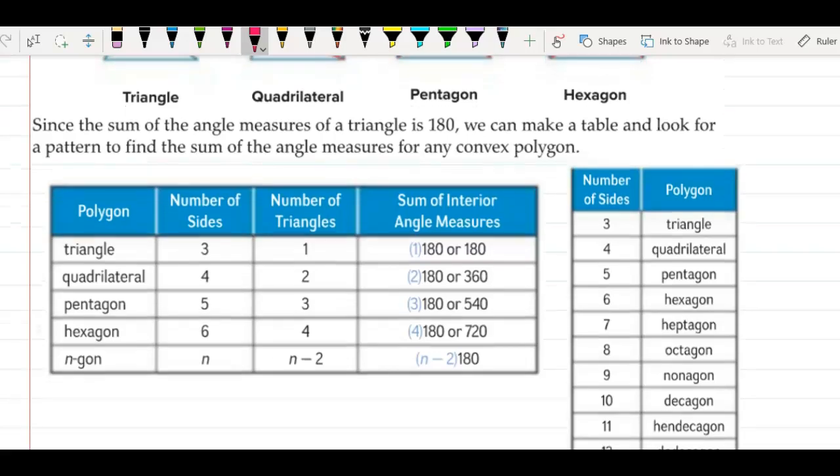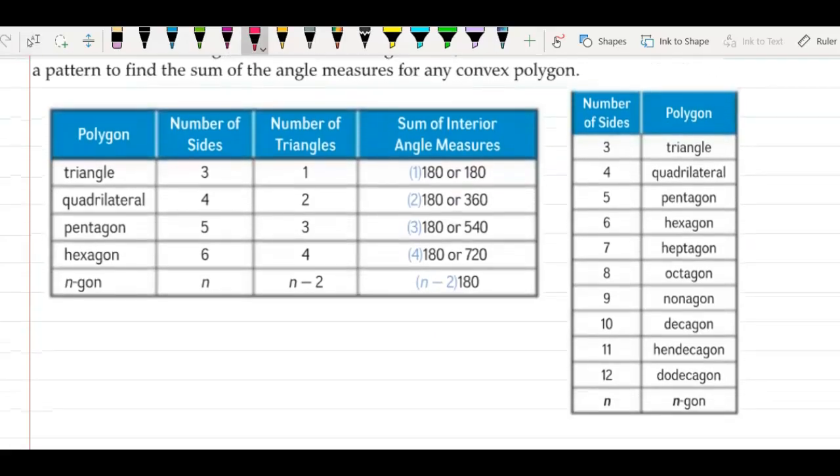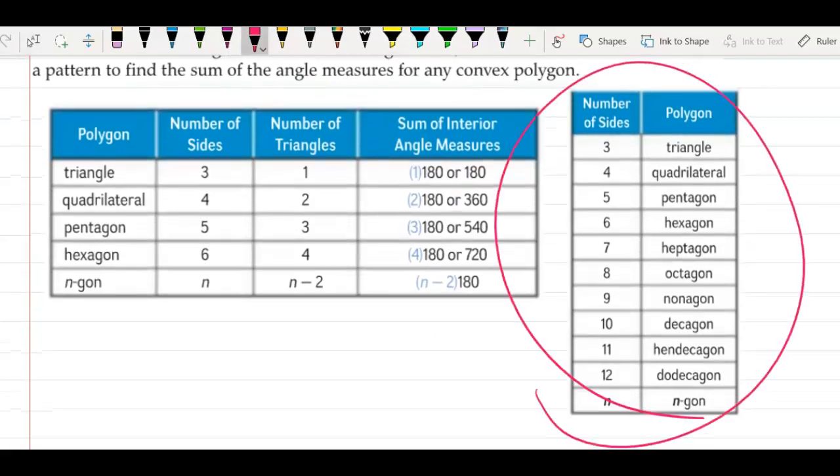This chart right here comes from step 3 or 4, where we talked about naming two-dimensional figures and what it takes to be a polygon. I just copied it over from those notes. You might want to look at it and refresh your memory on how to name polygons.